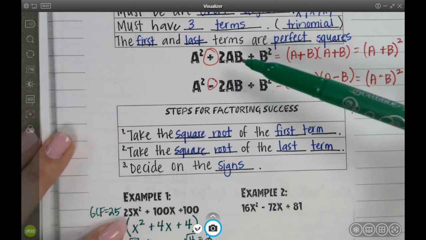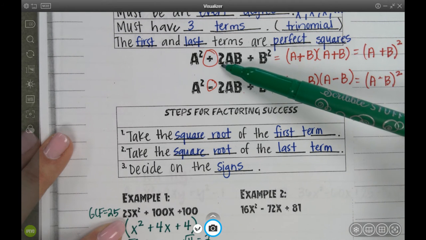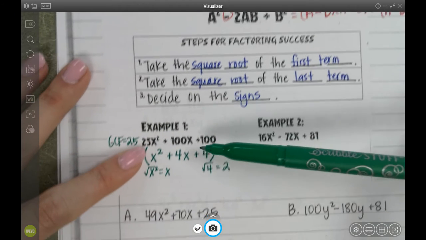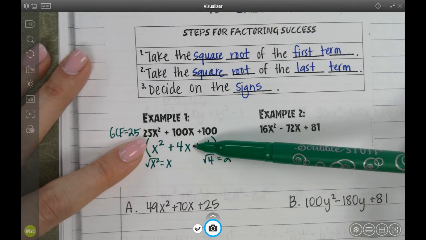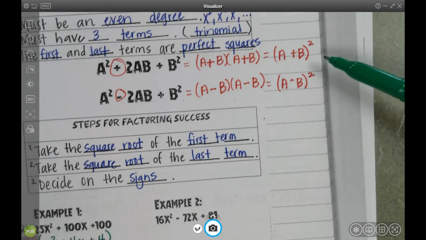So my middle term, for it to be a perfect square trinomial, needs to be 2 times x times 2. Is 2 times x times 2 4x? 2 times 2 is 4, times x is 4x, right? So it does fit that description up there, so I can use this formula.